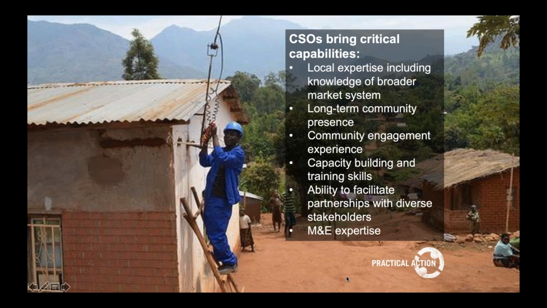And partnerships are really key to success with most productive use activities. So whether that's equipment providers or financial intermediaries or extension service providers or business development service providers, most productive use activities will not succeed without effective partnerships, which CSOs are well placed to facilitate. And finally, CSOs have good expertise in monitoring and evaluation and learning, which can ensure that success can be measured and impacts tracked and lessons learnt.